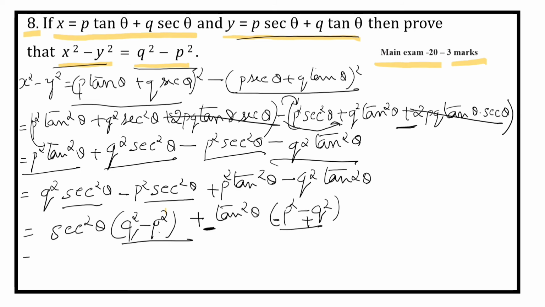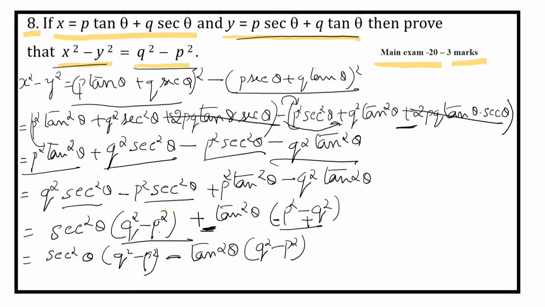Now let us write secant square theta, q square minus p square minus tan square theta. Be careful, q square positive, then p square.